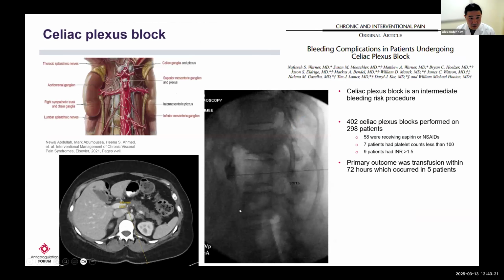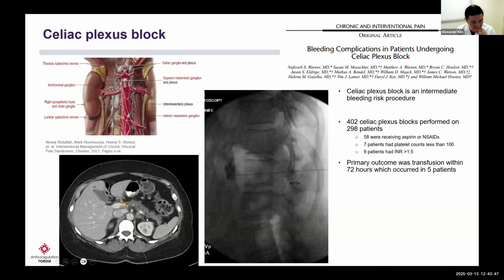This is not a case per se, but this is another one of those procedures that we perform that really makes us think twice about the bleeding risk that we're subjecting our patients to with some of our procedures. So, a celiac plexus block. As you can see on this anatomic representation on the top left, the celiac plexus is basically plastered to the front of the aorta.